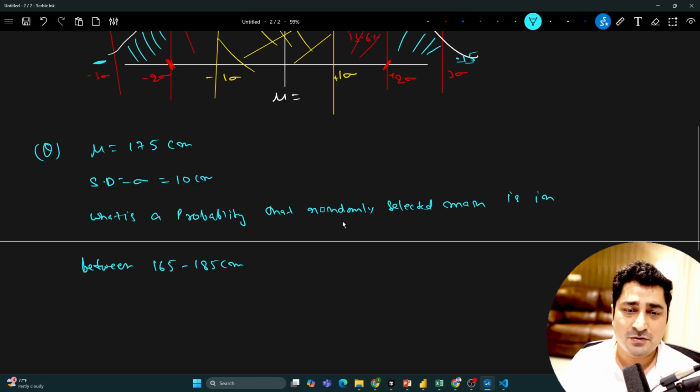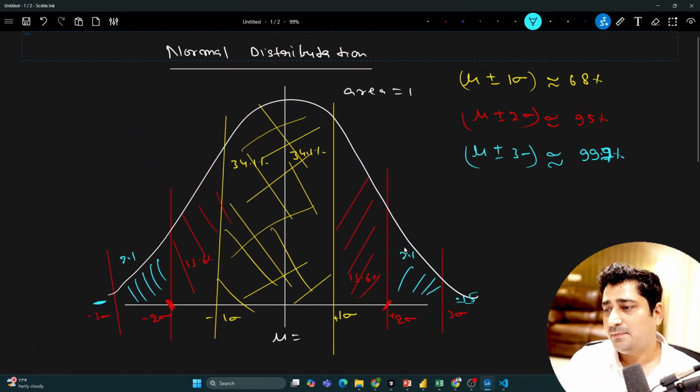This is the question someone is going to ask me, where the average height is given and the standard deviation is given. Now this 68%, this 95%, this 99% is technically talking about the probability.